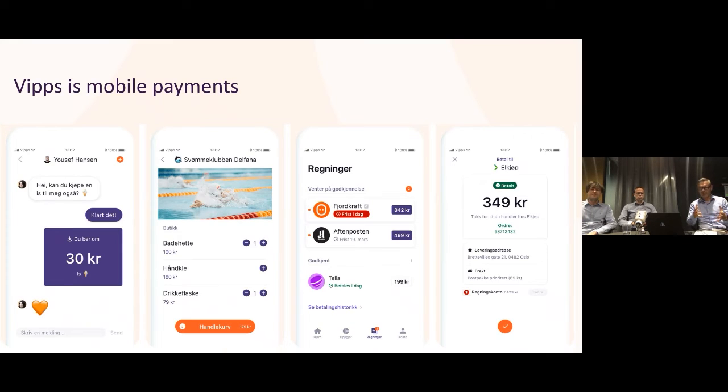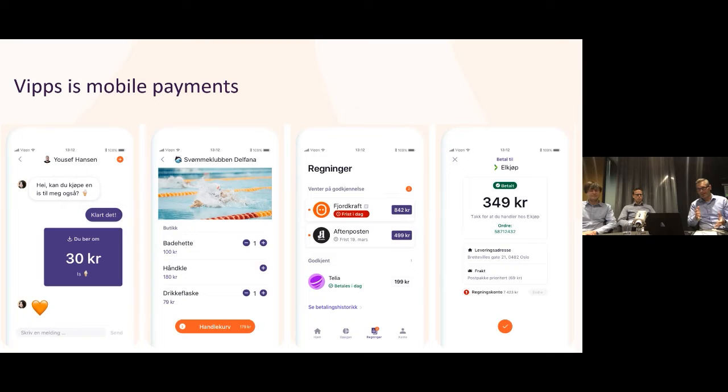Vipps is a payment service. Usually when I want to transfer money to Maxim, for example, I need his bank account number. Now with Vipps, you don't need the bank account number. The only thing you need is the cell phone number, which makes it very easy to send money to anybody in the entire Norwegian population, because everybody has a phone and everybody has Vipps.